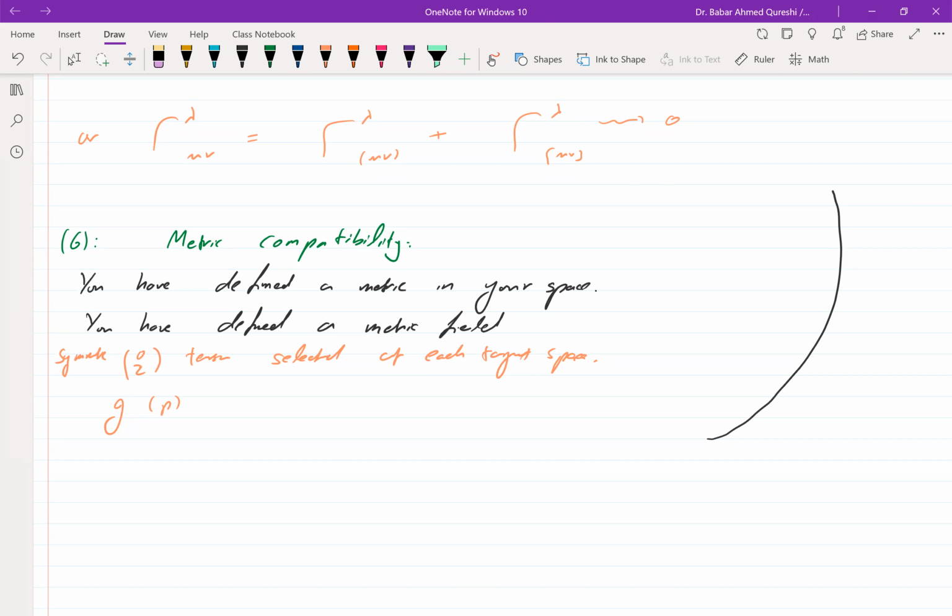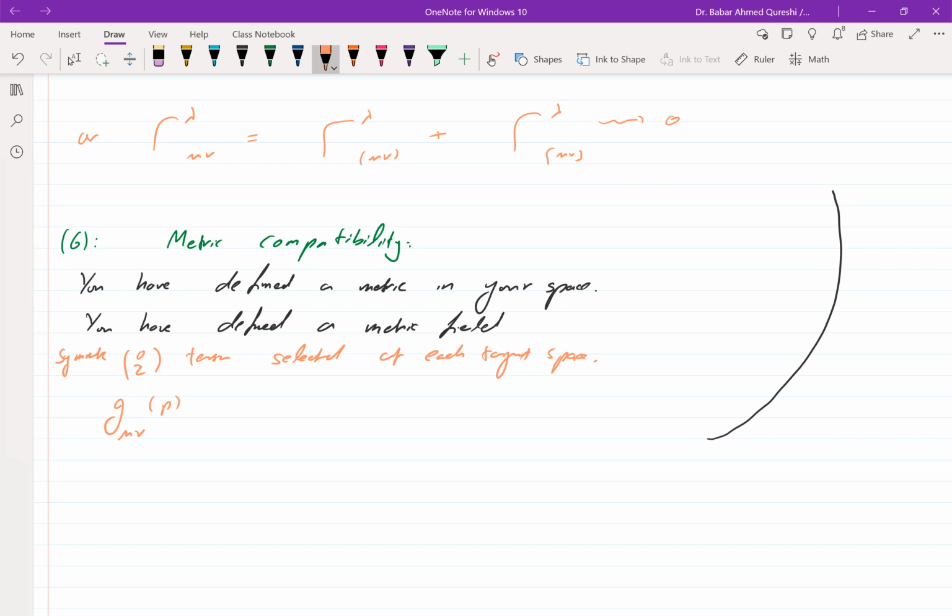And you can select it by giving components in one coordinate system. If it doesn't cover the whole space, you have to choose many coordinate systems, so that you have defined it at each point, and then you know how to go from one coordinate to the other.